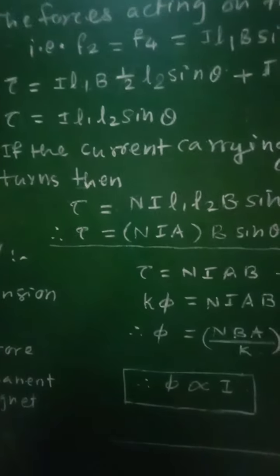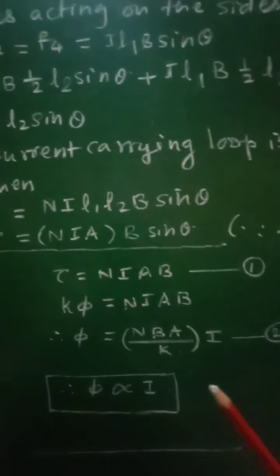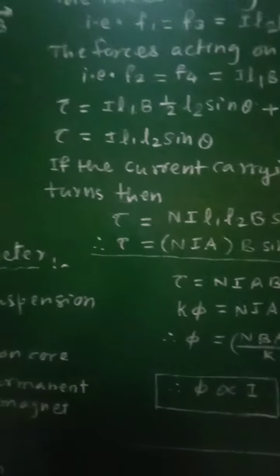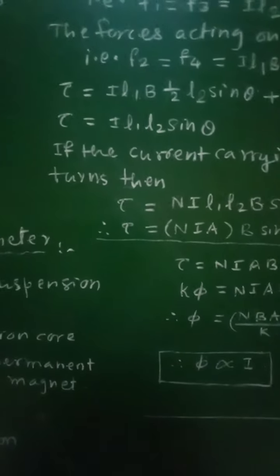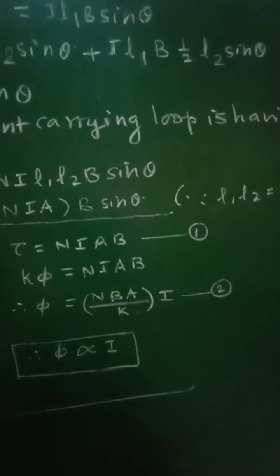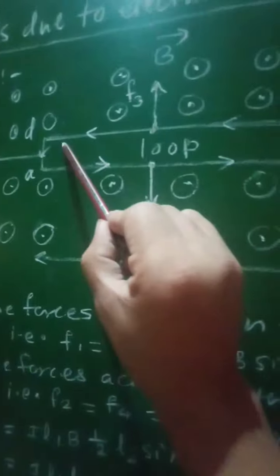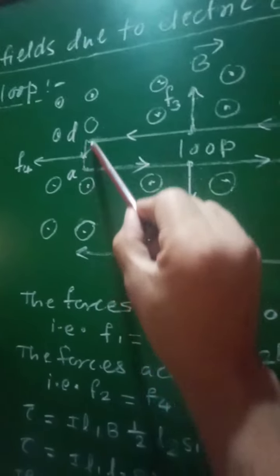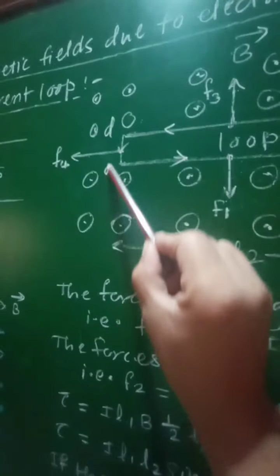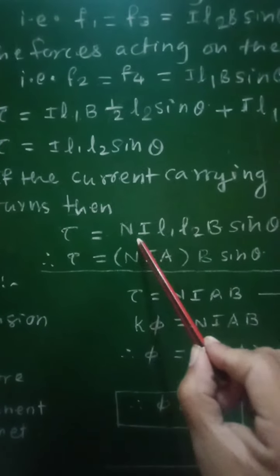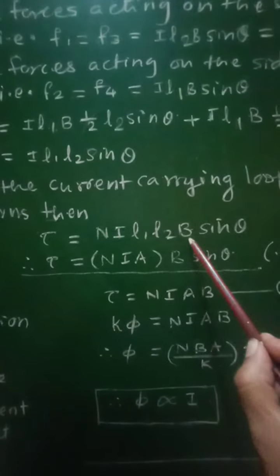Now if that coil or that loop is having n turns, if that current carrying rectangular loop is having n number of turns instead of a single turn, at that time the total torque will be equal to n into I L1 L2 B sin theta.